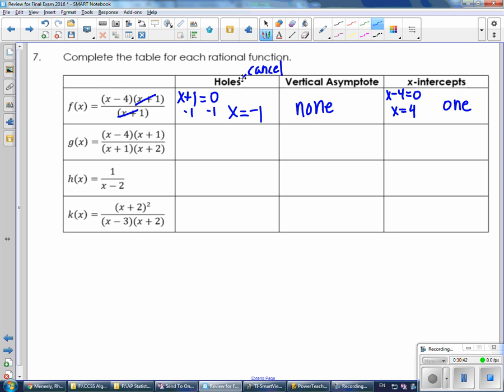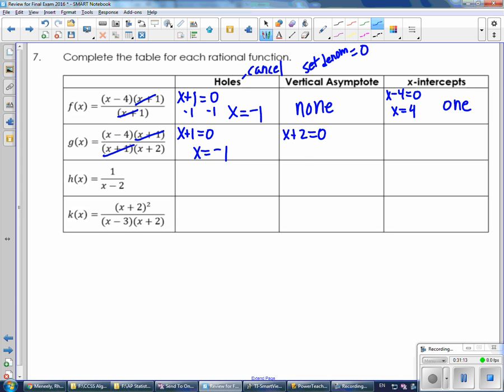In letter G, to find my holes, I'm looking to see what cancels. Both of these quantities cancel, that x plus 1. So if I set x plus 1 equal to 0, again, I find that I have a hole at negative 1. Notice how this time I do have a quantity in my denominator. So I want to make sure for a vertical asymptote that I set my denominator equal to 0. What's left after I've canceled is x plus 2.